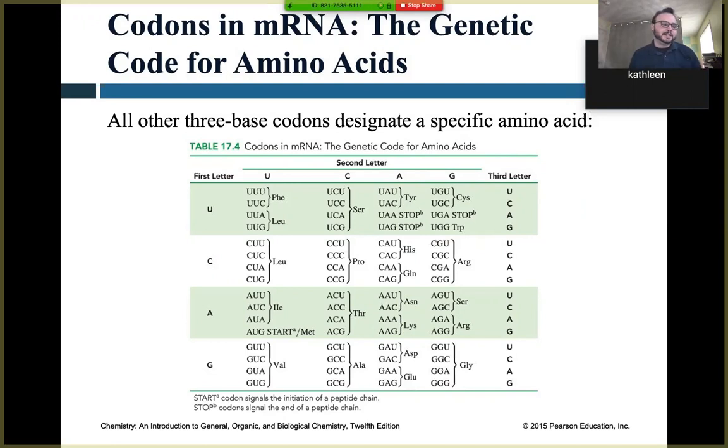So there needs to be more codes for those because you could actually use up your supply of tRNA. So having more than one codon for a common amino acid is how your body doesn't run out of building blocks. Because if you do, you actually can stop synthesis early and the protein just gets ejected and it's a non-functioning protein, and your body will usually destroy it and then try again.